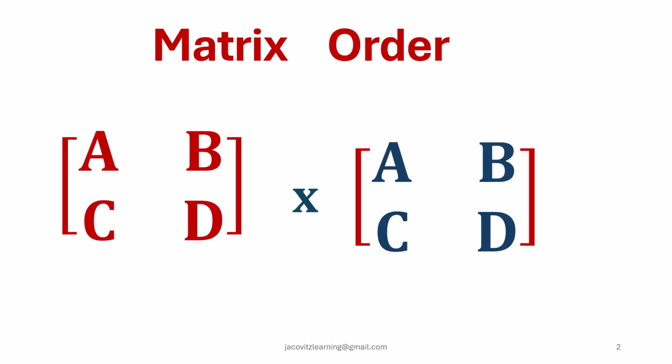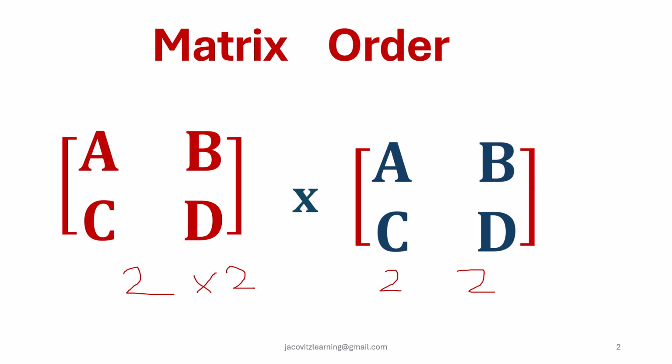So when you get ready to do a matrix, this is called a 2 by 2 multiplied by a 2 by 2. Now some people say, isn't that a 2 by 4?